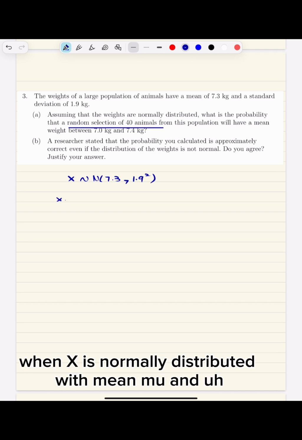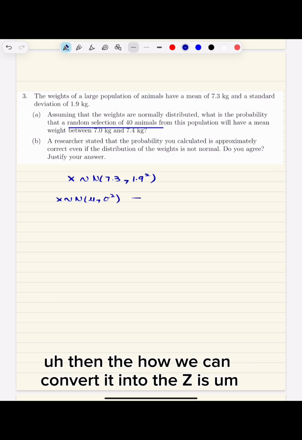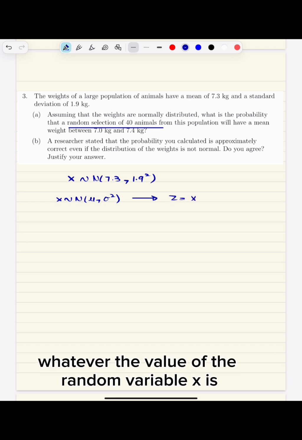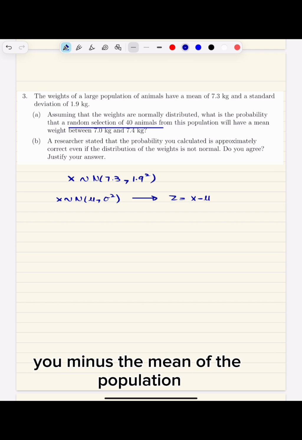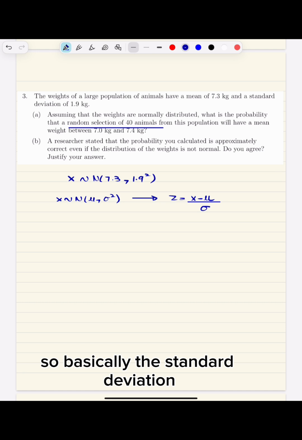Remember, when x is normally distributed with mean mu and variance sigma square, then how we convert it into the z is that you take x, whatever the value of the random variable x is, you minus the mean of the population, you take the under root of the variance. Okay, so basically the standard deviation.